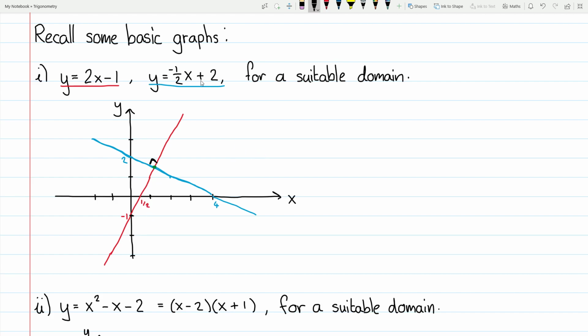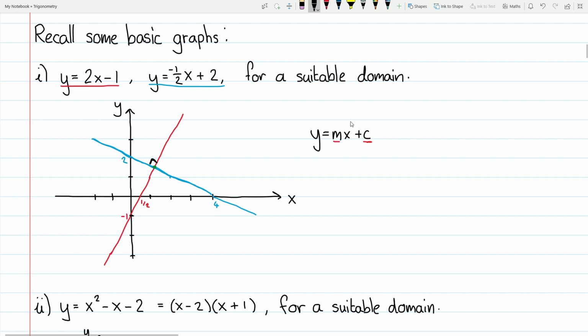Similarly here, we have a y-intersect of plus 2, so this is going to intersect the graph at y equals 2. But we have a slope of negative 1/2, so every 1 along we go, we go down 1/2. And generally speaking, lines will take this form: y equals mx plus c, where m is your slope and c is your y-intersect.